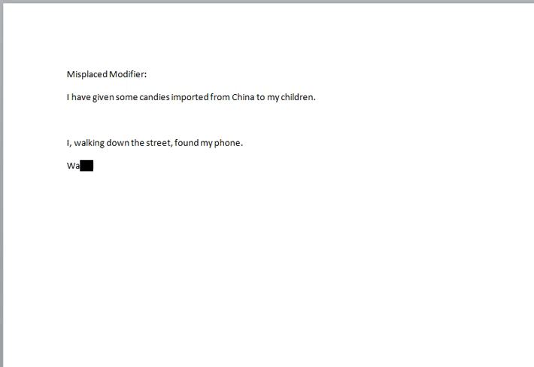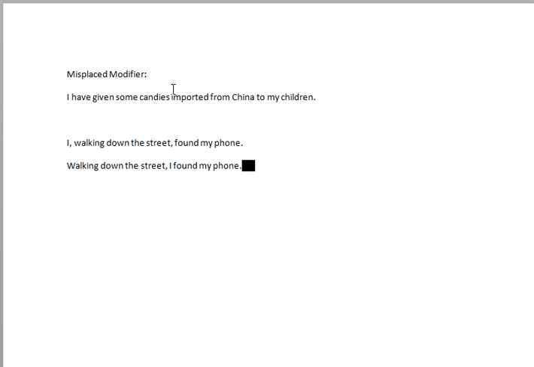We can say walking down the street, I found my phone. There you have it. We did not add anything to the sentence. It's still as it is. We just moved the modifier closer to its modified part. This is what we call a misplaced modifier.